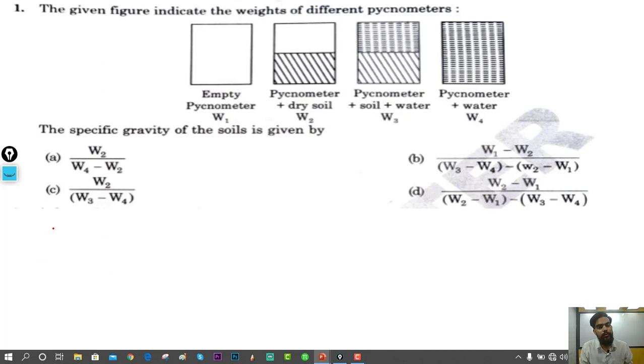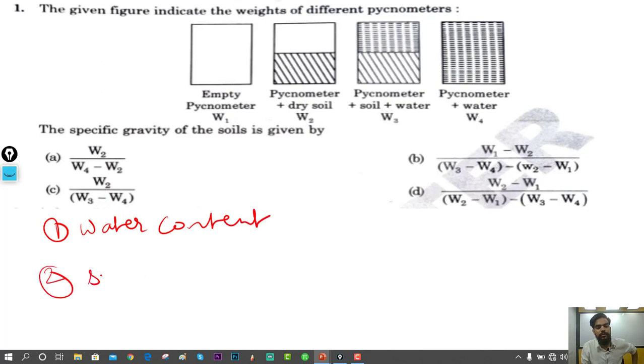With the help of the pycnometer, we will determine two things: first is water content, and the second is specific gravity.